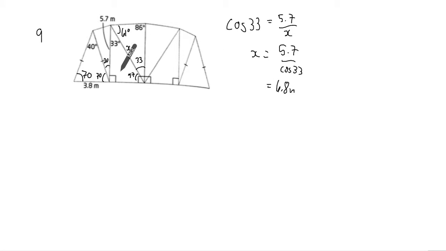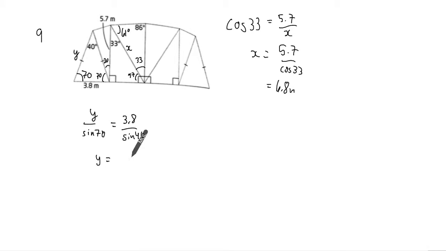Now we need to figure out these two inside here. To do that, I can use the sine law to figure out either one of these. Actually, they're both exactly the same. So let's call this y here. So we have y over sine of 70 equal to 3.8 over sine of 40.